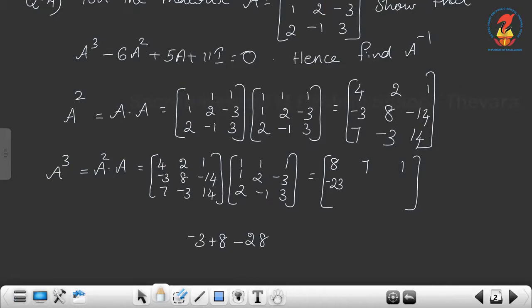The next element: minus 3 into 1 is minus 3 plus 16 plus 40. 16 and 40 becomes 56, 56 minus 3 is 53. Then minus 3 into 1, minus 3, minus 24, then minus 42. So, minus 42, that is minus 66, and 3 is minus 69.